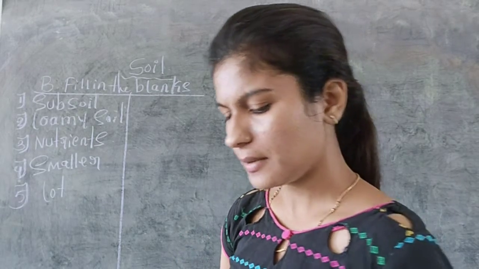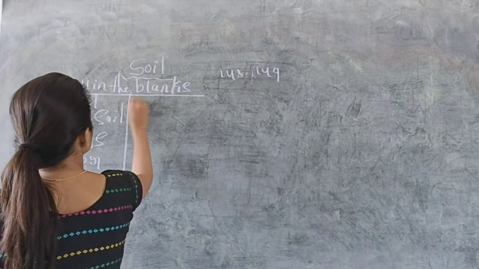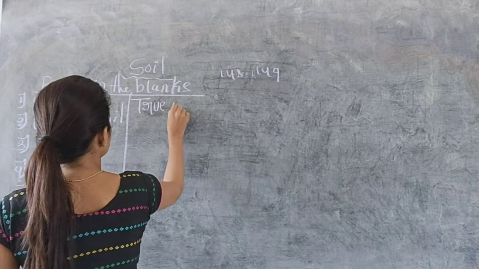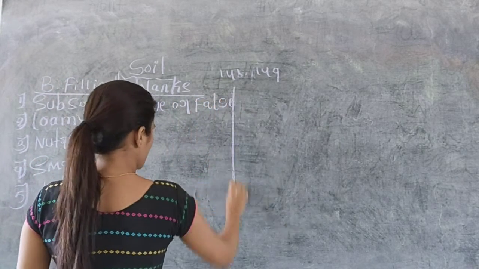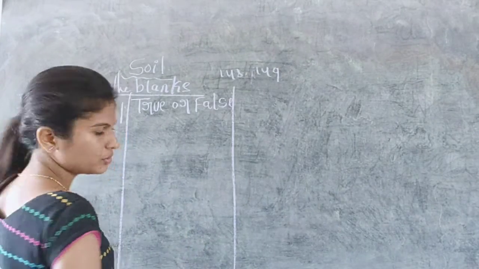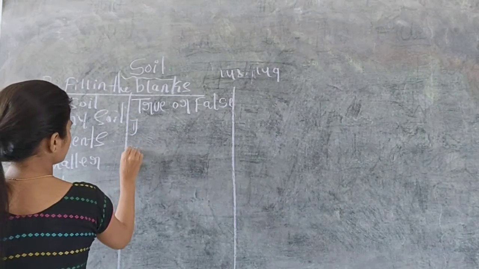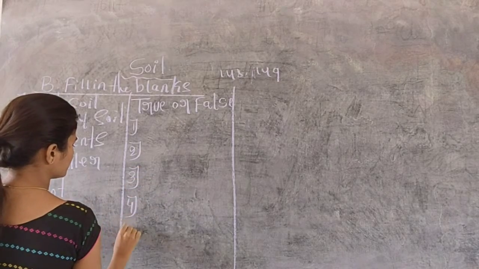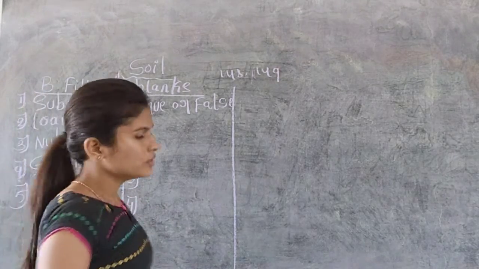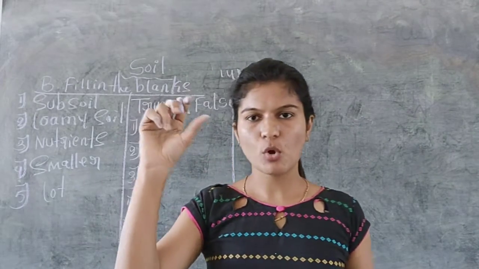True or false. And they have asked 5 questions. So see, they have given actually small boxes.